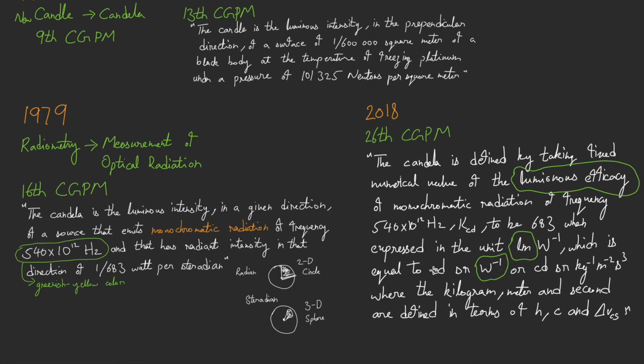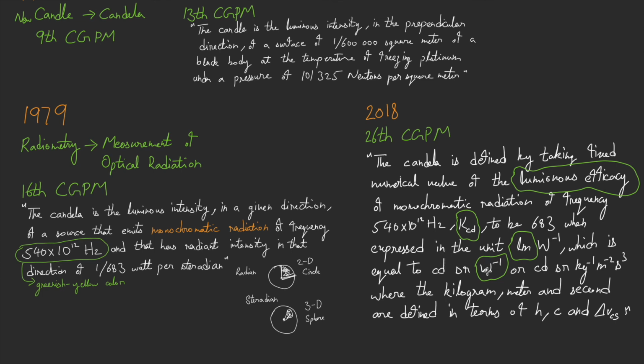So the Kcd here is actually the main thing, because as in the previous videos, the base units are now tied to the natural constants of the universe, and this candela is no exception. We also tied it to a natural constant, but it was based on human vision perception.